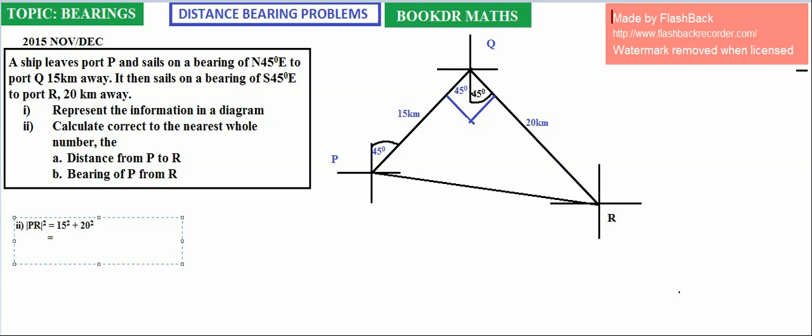You can pause the video and solve for the PR. The PR is equal to 25 kilometers. So the distance PR has been calculated. What is left is the bearing of P from R. P from R implies we are going to calculate the angular turn at R.